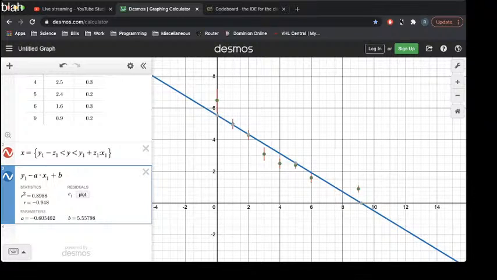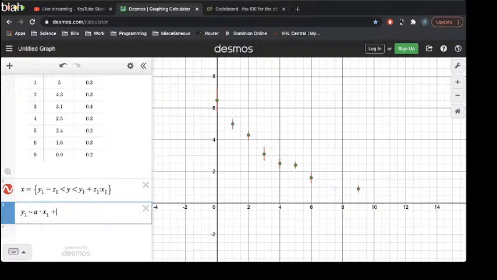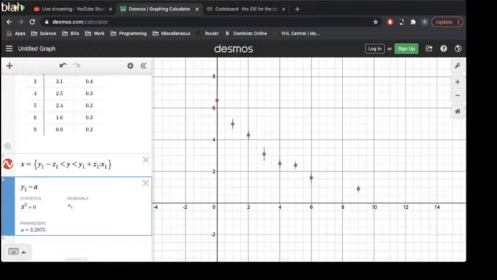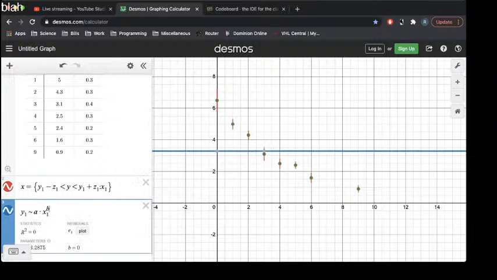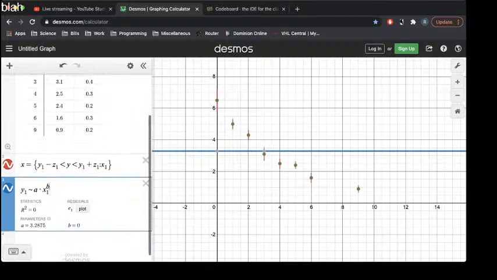Let's try a power law. So A times x1 to the B. And we can see that, well, if it was a power law, then it would obviously be a negative B value because it slopes downward.